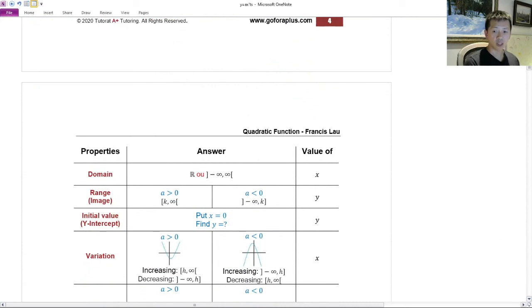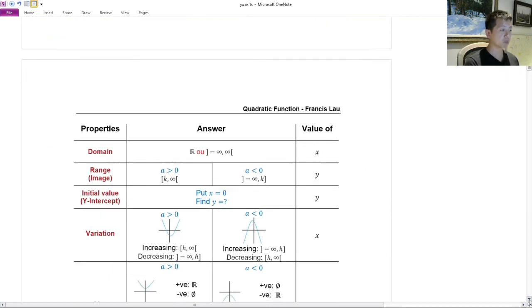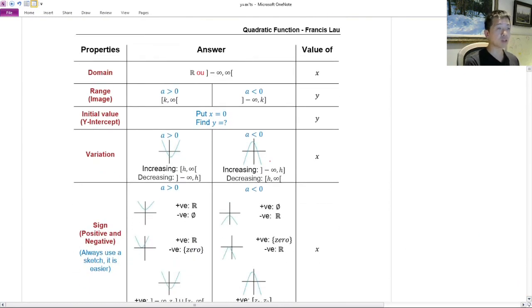Okay, so let's look at the properties now. Those two were the properties as well, the vertex and the zeros. Now the domain, if there's no situational problem, the domain is always R, all real numbers, or minus infinity to infinity. And we look for the value of X to represent that.